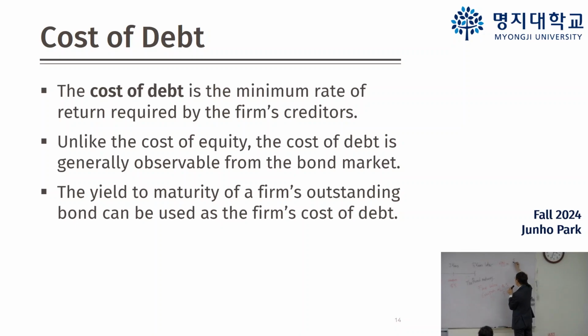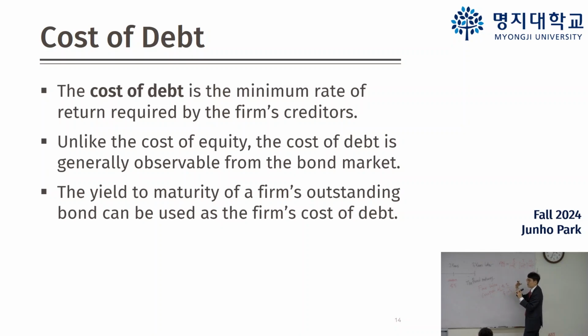I have $5 in the first year, another $5 in the second year, and $105 in the third year. And whatever my required rate of return is, that will affect my pricing, which is $98.